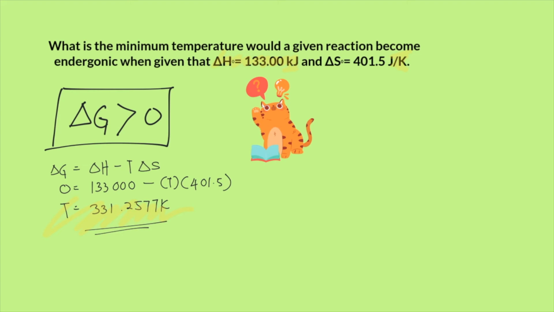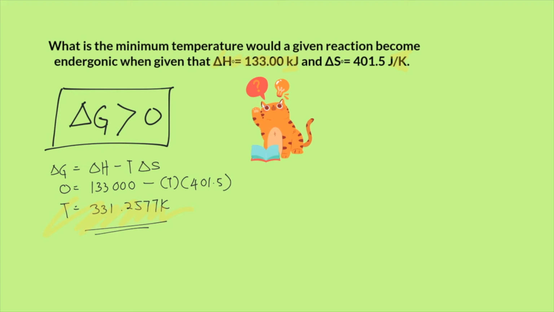So you can do trial and error. If you were to get delta G bigger than 0, would you rather use a bigger value than 331 or a smaller value than 331? In this case, supposedly you should be using a temperature that is lower than 331.2577 Kelvin. So let's check whether this is correct or not.